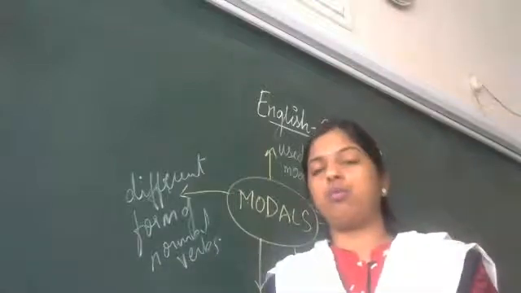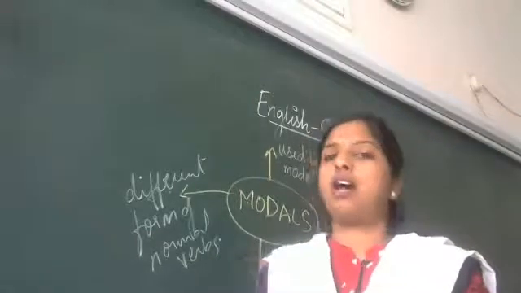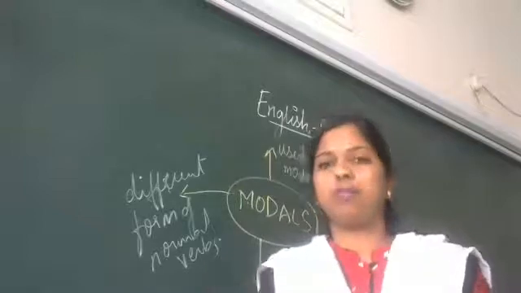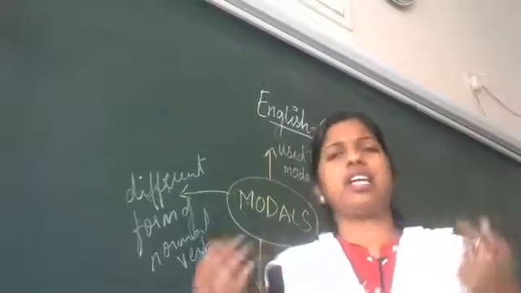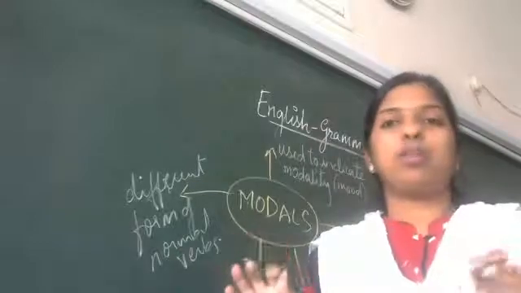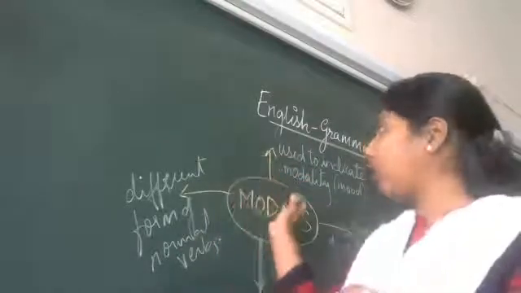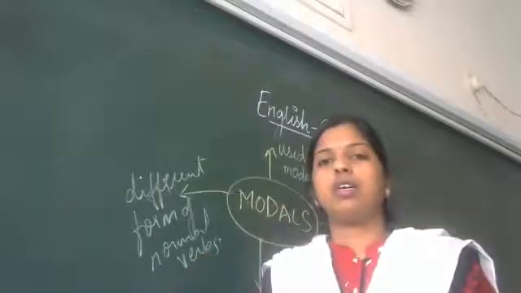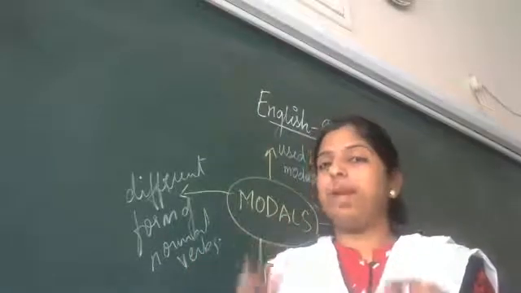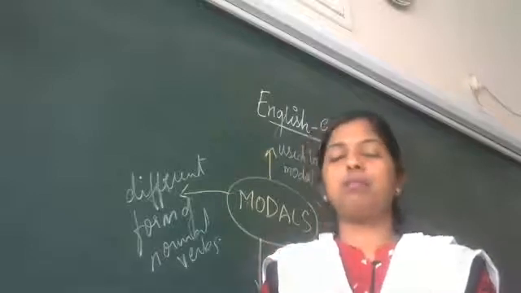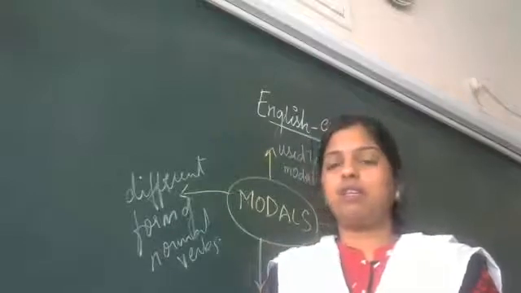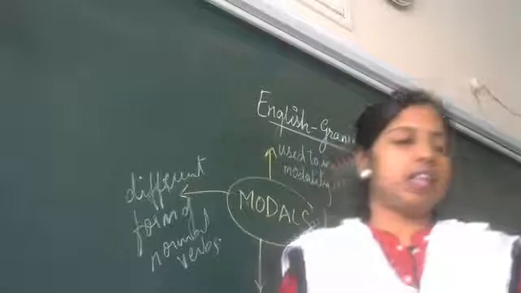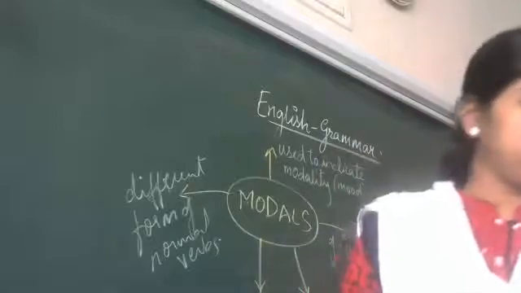Normal verbs are the action words I told you: play, dance, sing, jump, eat, write, read, climb, go, all these. But these modals are also verbs, but they are different from the main verb, that is the principal verb. Got it? Which are those? We will see it as we come to it.